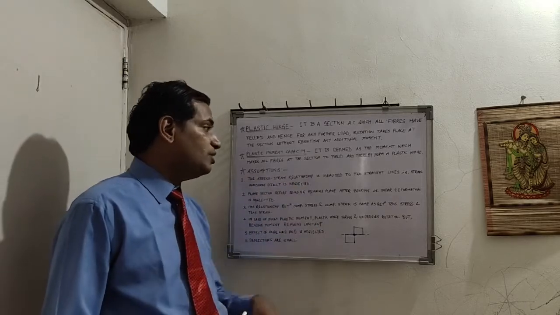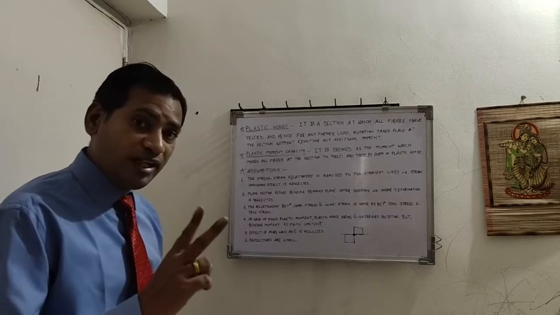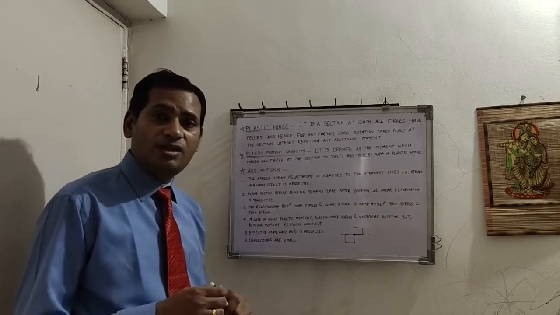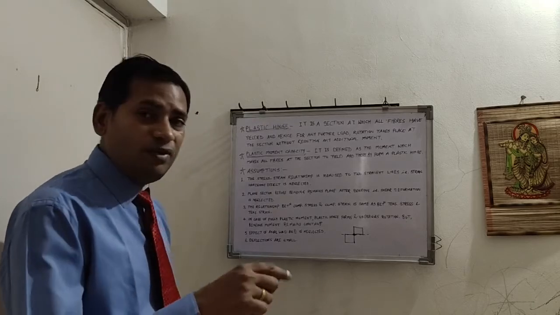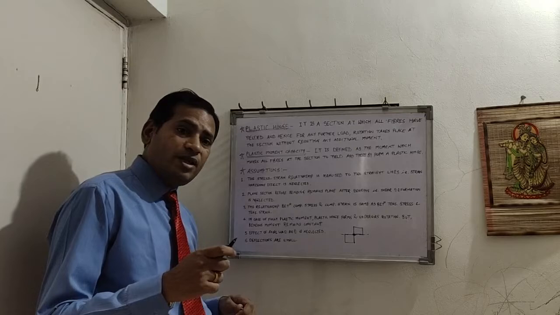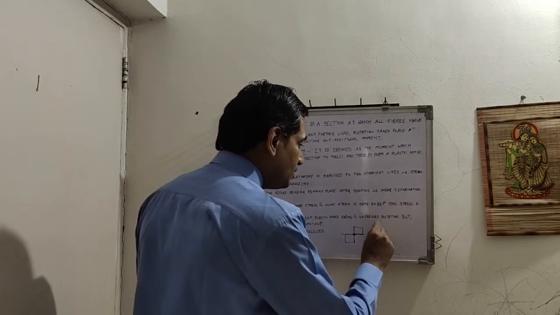Stress strain relationship is idealized to two straight lines. Which are those two straight lines? In the first session we have seen the normal stress strain behavior of mild steel. Now that mild steel behavior is idealized as two straight lines.